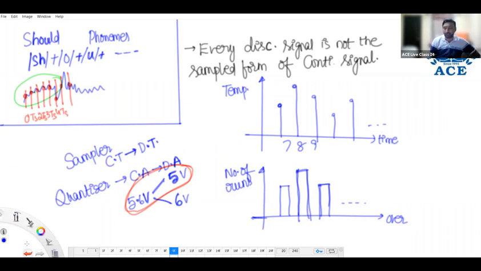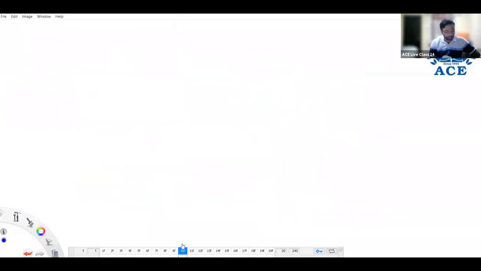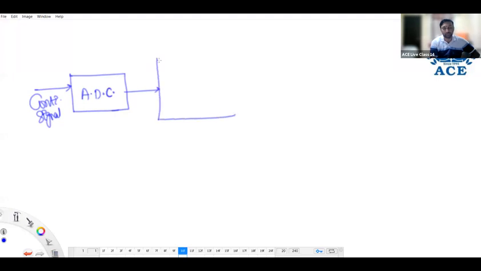All the explanation which we have done till now, sir, if you observe the block diagram of it, first the continuous signal is passed through an A to D converter. Later on, it is passed through a DSP processor, which is an application specific IC.